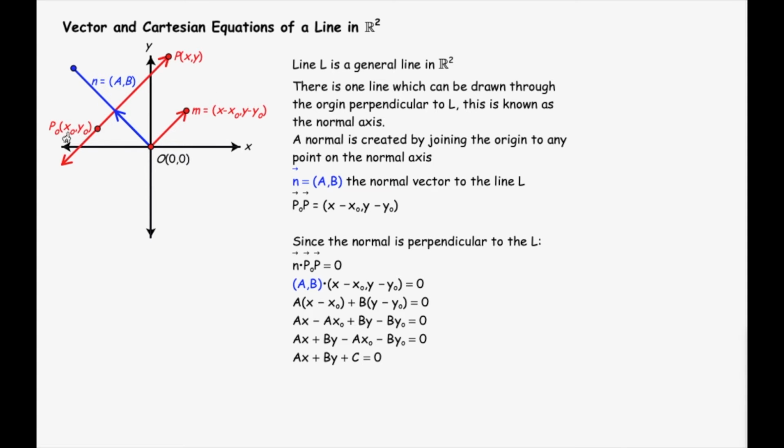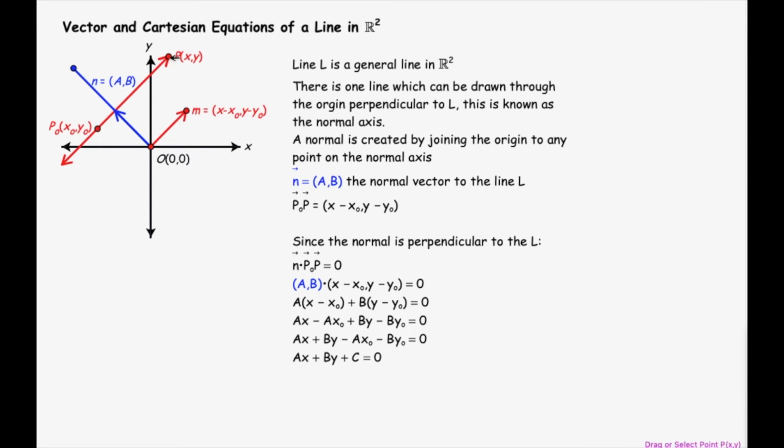Now, p naught is the given point that we would need to be on the line, and p x y is a general point, any point on the line. And remember before we had that green vector coming from here. We took any scalar multiple of our direction vector, we added that to that, and that's how we traced out the points in the line. So this is our known point.